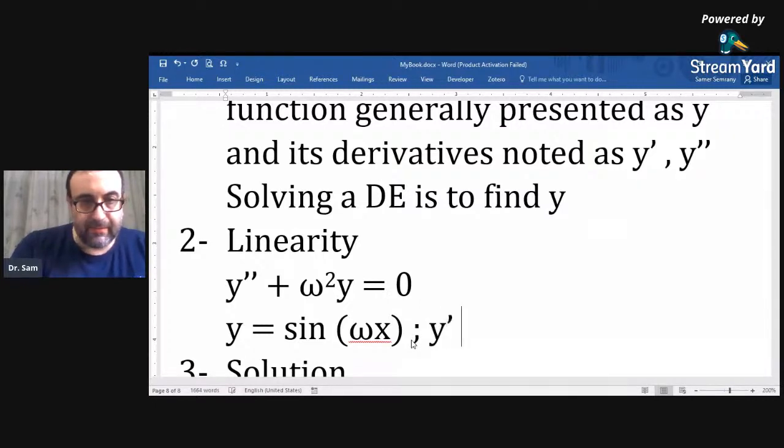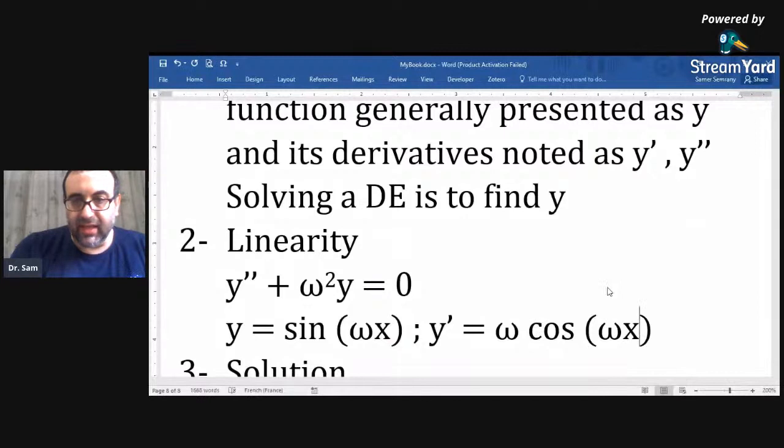How to calculate the derivative of sine omega x? It is the derivative of omega x, which is omega, times the derivative of sine, which is cosine. So y prime is omega cosine omega x.